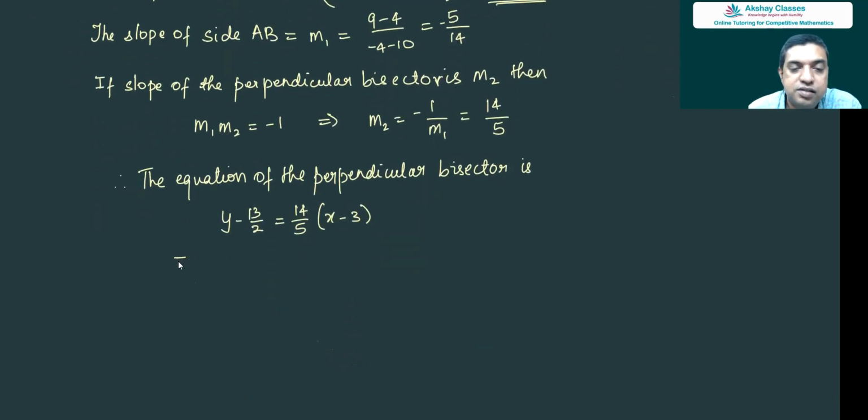So let us multiply by 5. We'll have to multiply with 5 and also with 2. So throughout we multiply by 10, the LCM. So we get 10y minus 13 into 5, 65.